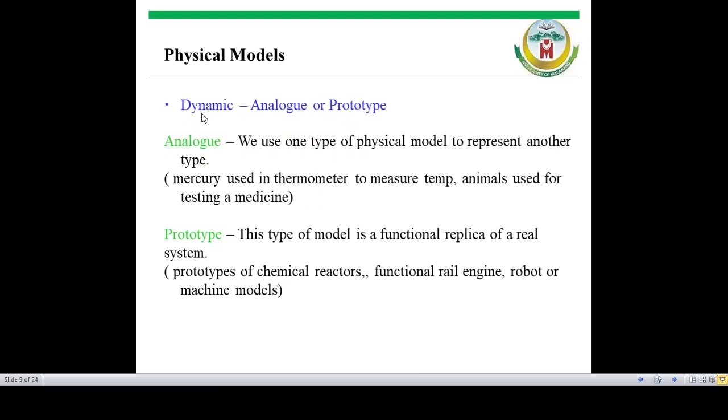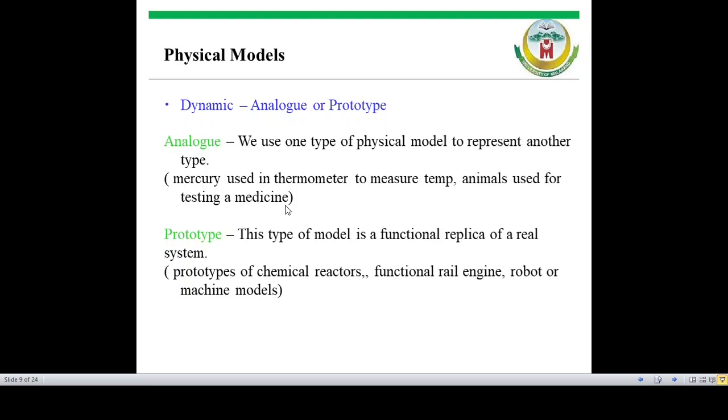Now a physical model can be dynamic. In dynamic models, these will be analog or prototype. With an analog, we use one type of physical model to represent another type. Analog means similarity. For example, mercury used in a thermometer to measure temperature, or animals used for testing a medicine.